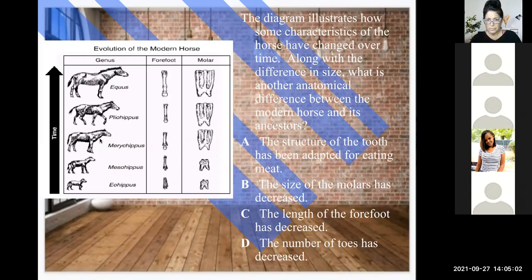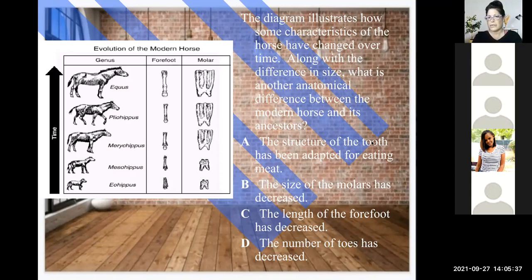So they've given you the type of horse, and then they've given you two pieces of anatomy, okay? And you can compare these, right? The next best thing for you to do is to look at the answer options, unless you just see the answer right then, that's awesome.